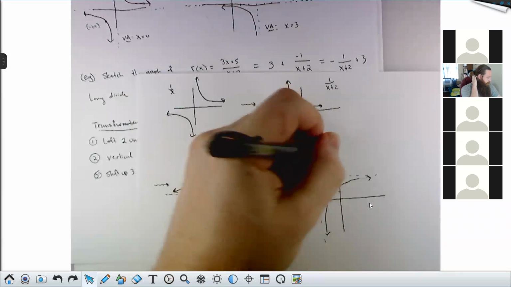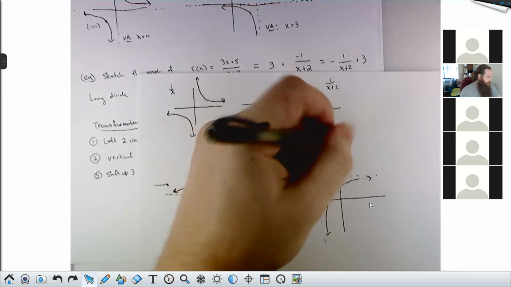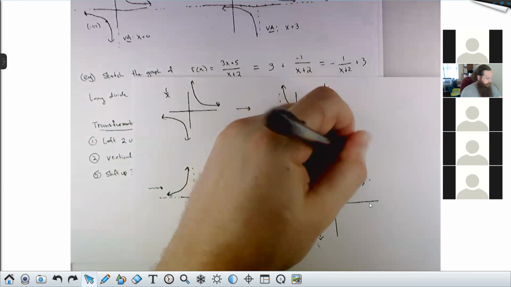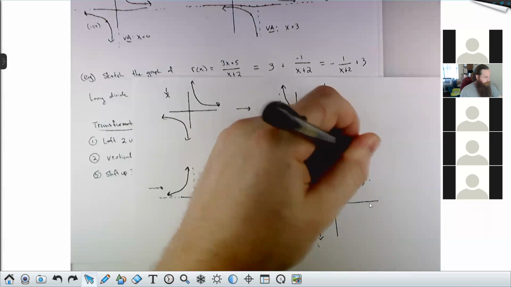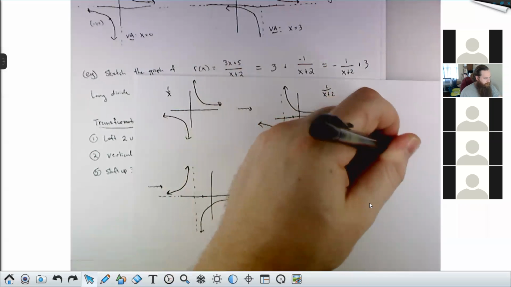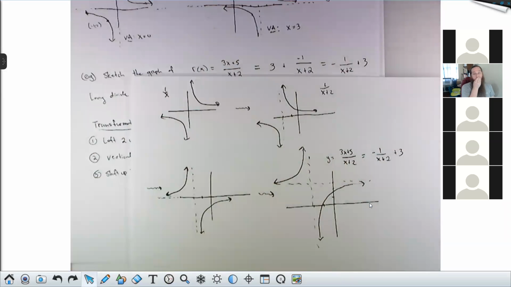So this is the graph of y equals (3x plus 5) over (x plus 2). But the way we got there was by thinking of it as negative 1 over x plus 2, plus 3, which we found through long division.